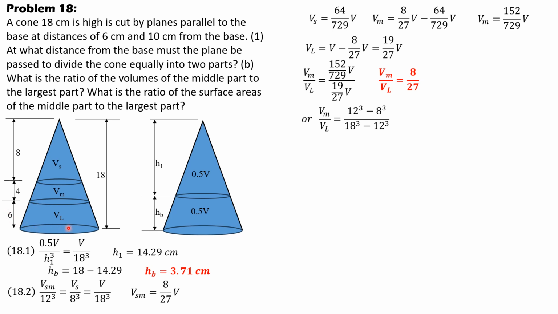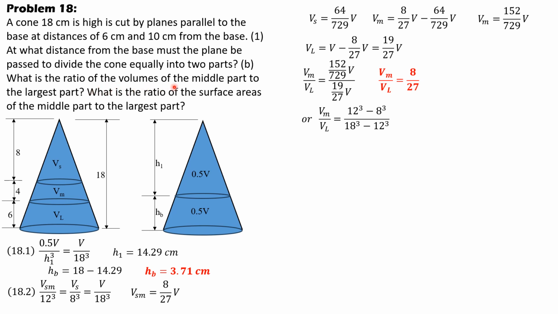For V sub M, it is 12 cubed minus 8 cubed, then V sub L is 18 cubed minus the cube of the height of this cone. So that's the shortcut. And we use this idea, because the result is the same, for part C.